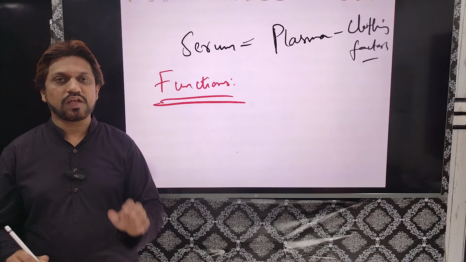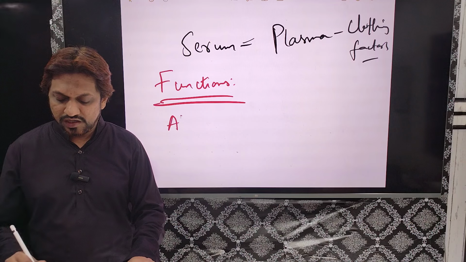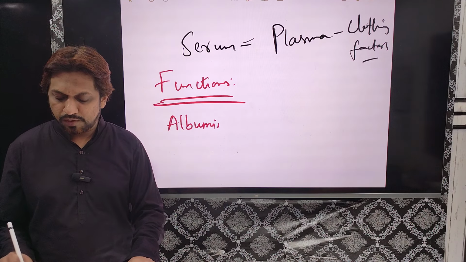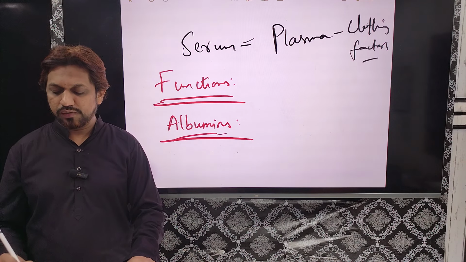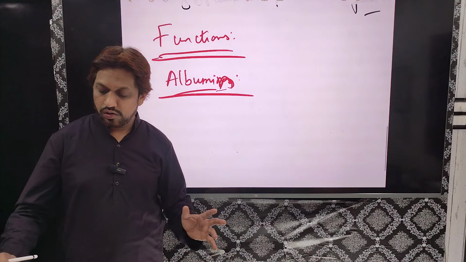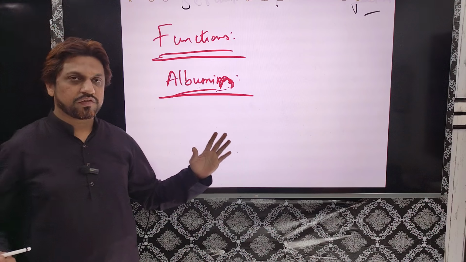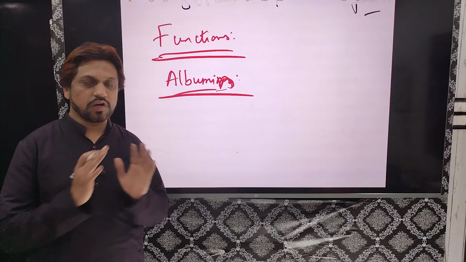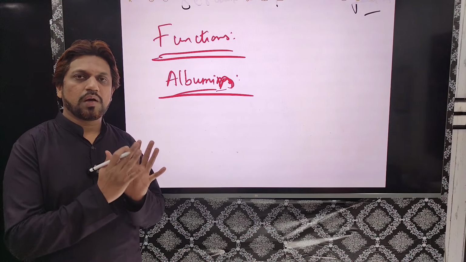We will discuss the functions of the individual plasma proteins, starting with albumin. Albumin is the most common plasma protein, occupying 60% of the total plasma protein.